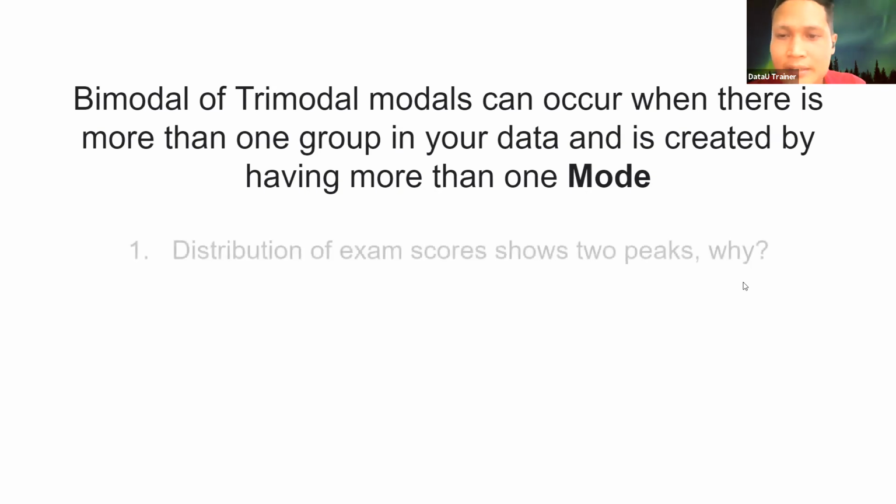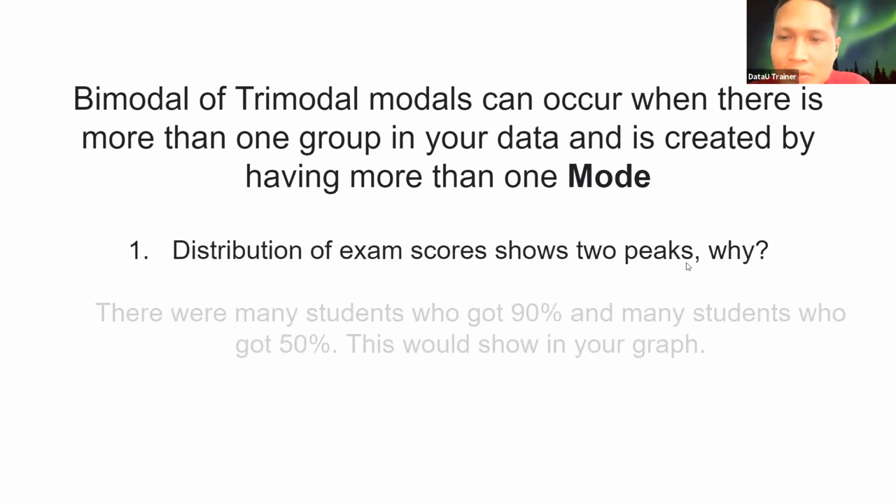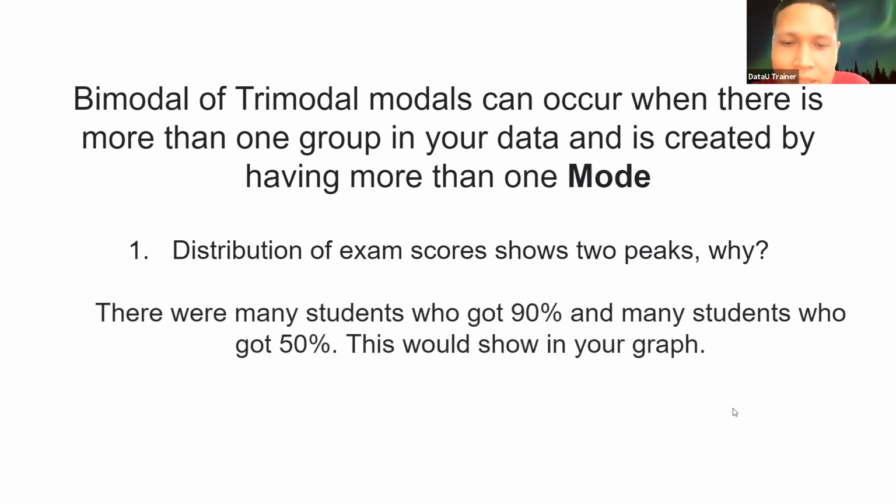So in the exam scores, there could be 2 peaks. For example, many students got 90, and many students got 50. So in your distribution, how many peaks would you see in this situation?